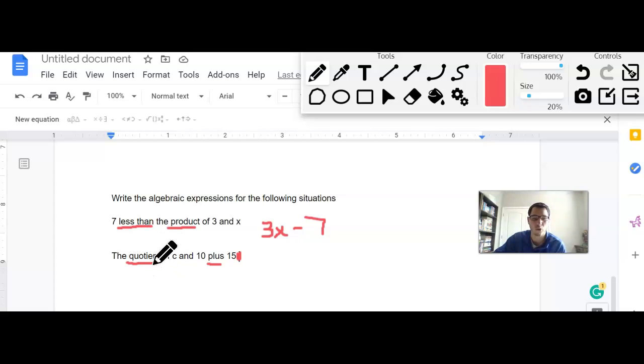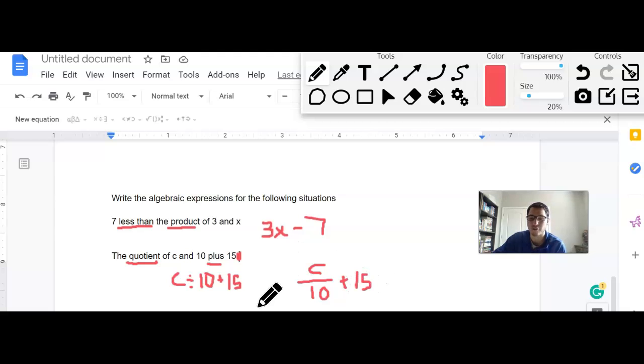So we have the quotient of c and 10. So that's a division problem. So that's c divided by 10 plus 15. Or another way to write it is c divided by 10 plus 15.